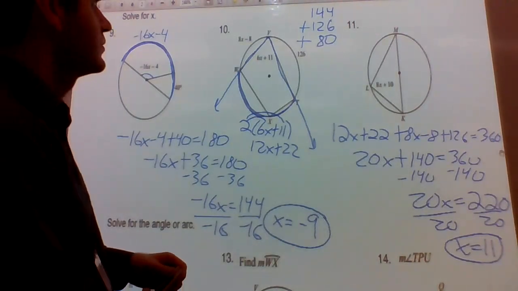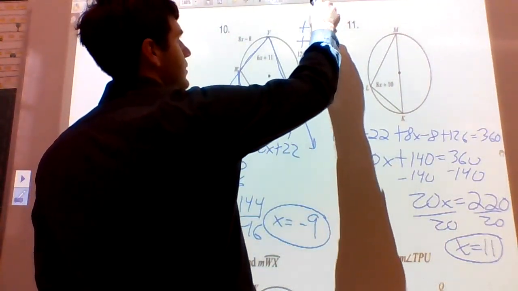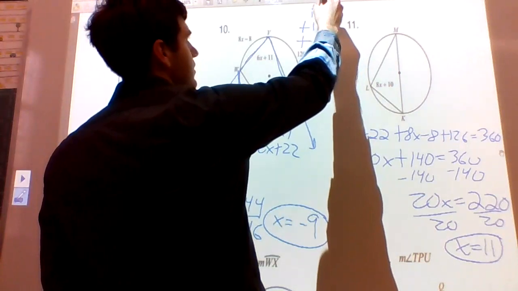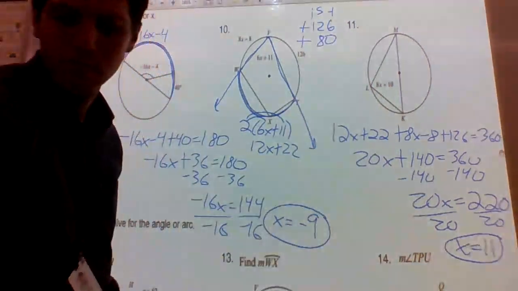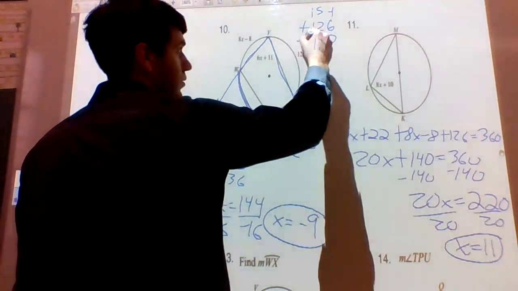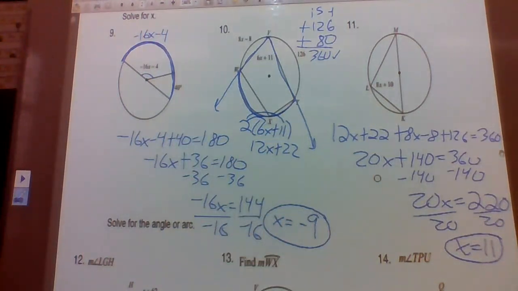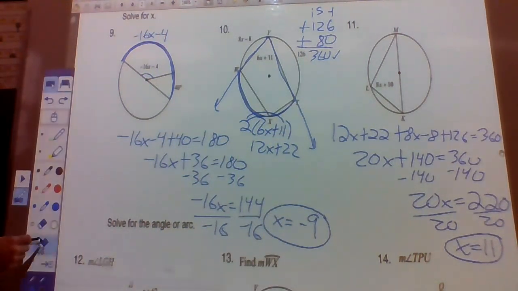Oh no, wait, 77 times 2 is going to be 154, right? 154. So 154 plus 126 plus 80 is 360. Yes. So that's all equal to 360, so we know we're right. X equals 11.